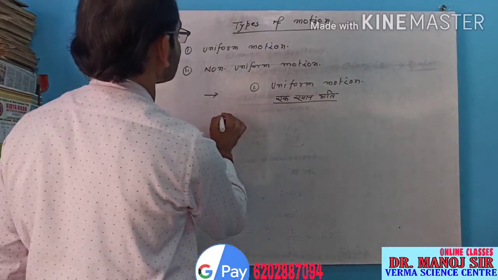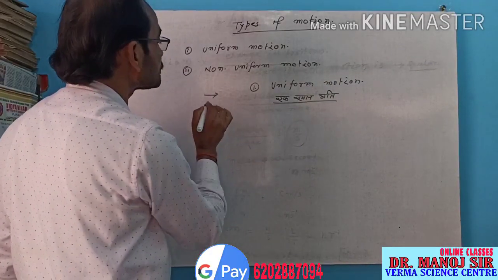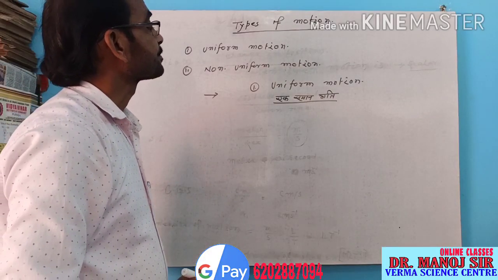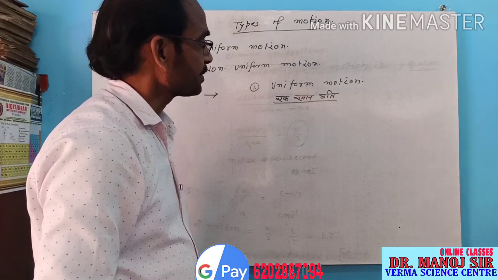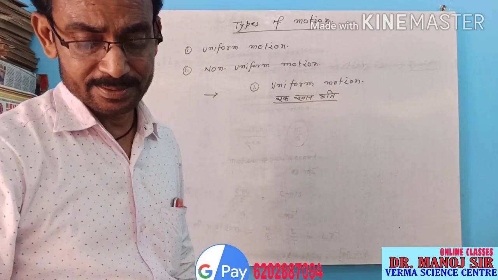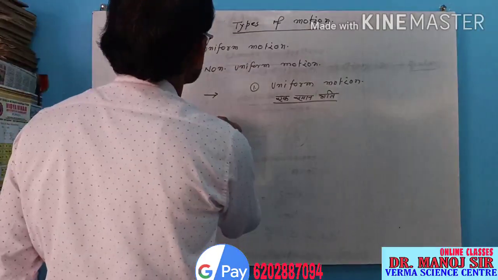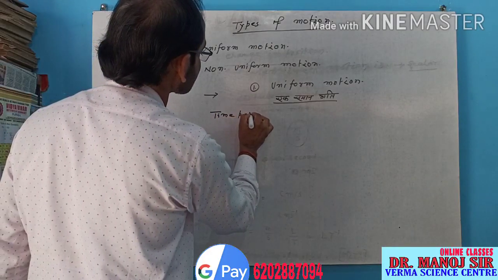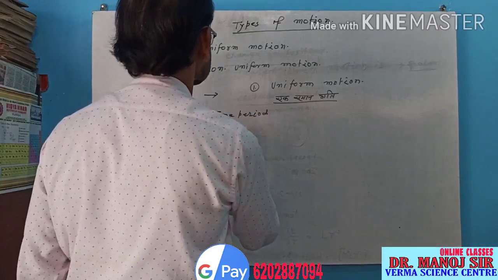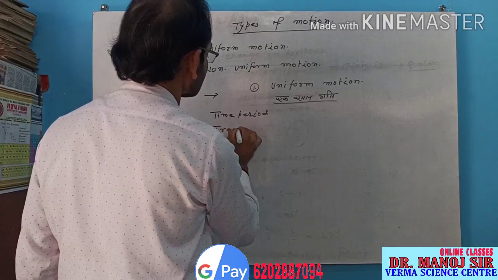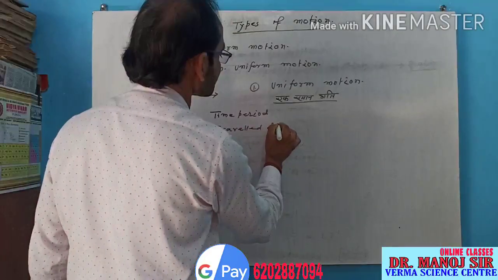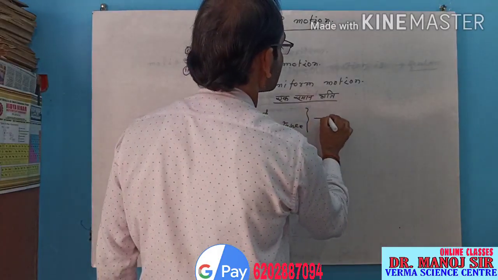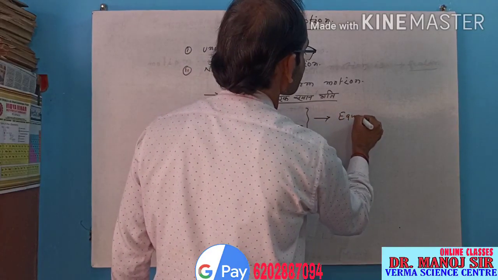In this motion, two things, that is time period and the travel distance, are being equal.